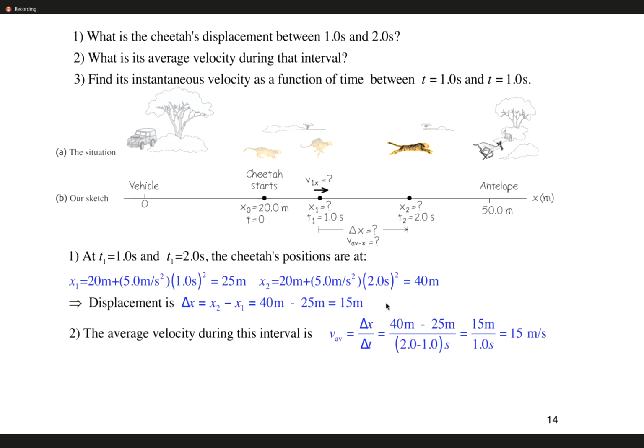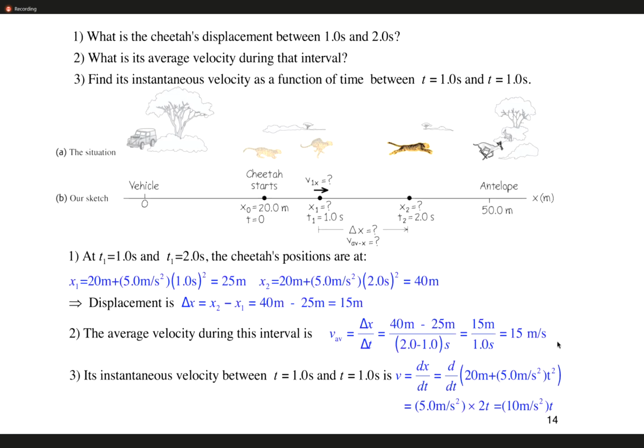You can also determine the average velocity in this interval, where you just take the change in position divided by the change in time, and that gets you your average velocity, which would be 15 meters per second east. And finally, we can determine the instantaneous velocity. This is where you would take the derivative of your position with respect to time. Apparently Top Hat is going to be like that.